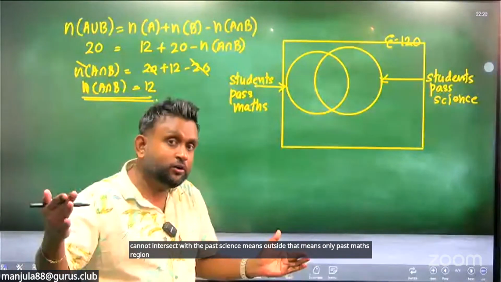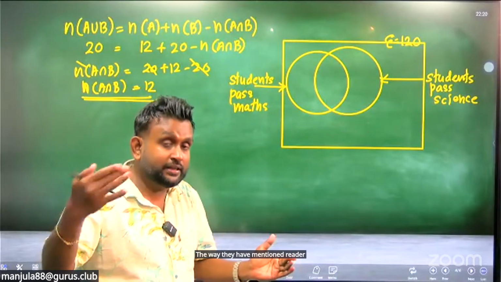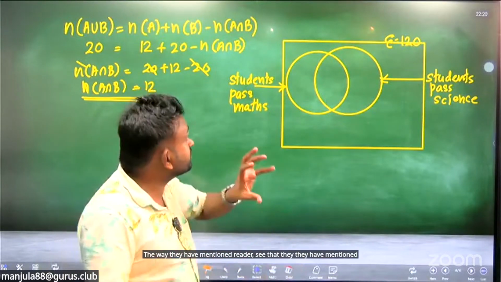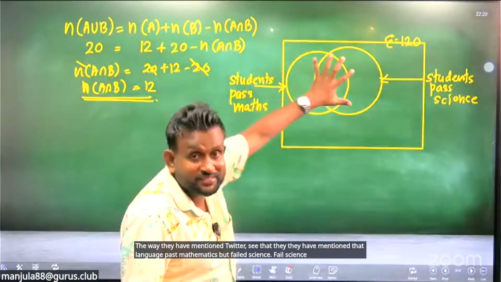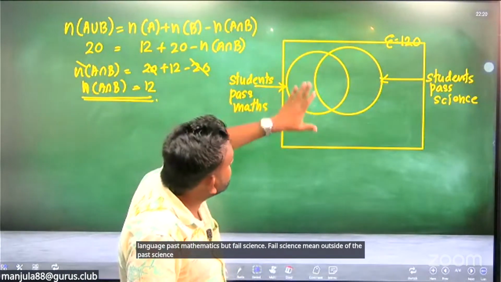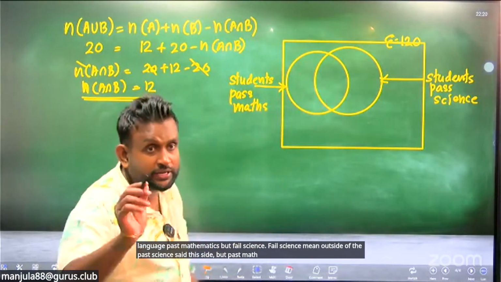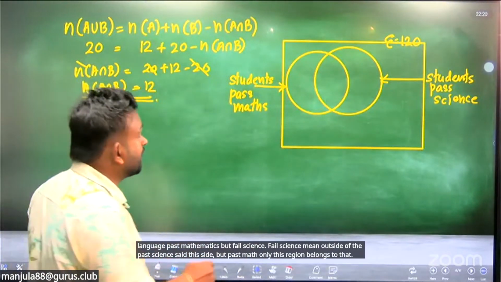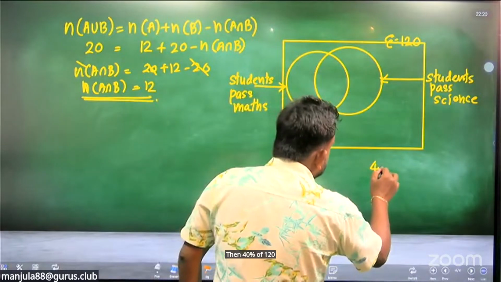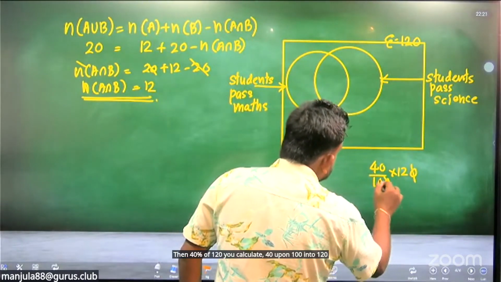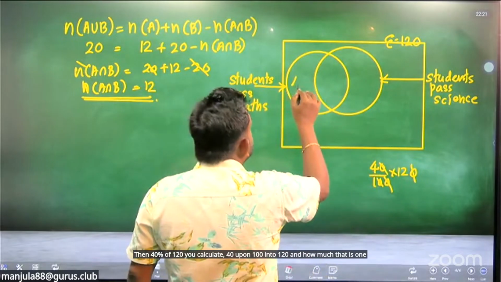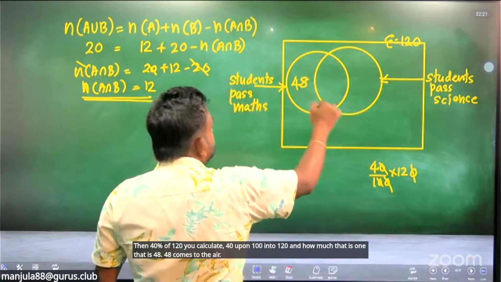Fail science means outside of the pass science set, but pass maths only belongs to this region. Then 40% of 120: 40 upon 100 times 120 is 48. So 48 goes in this region.